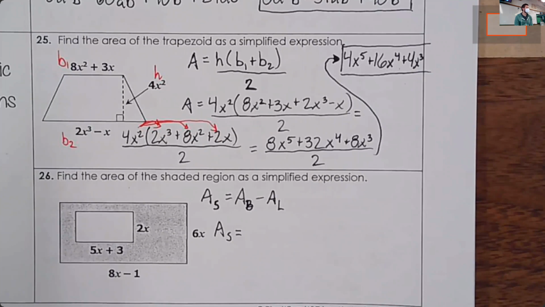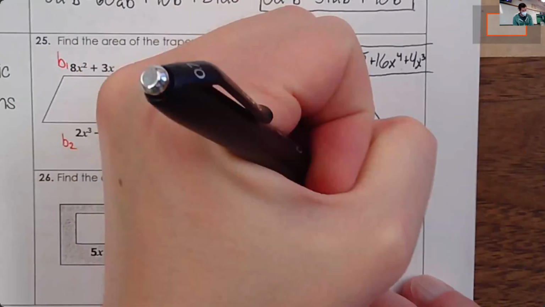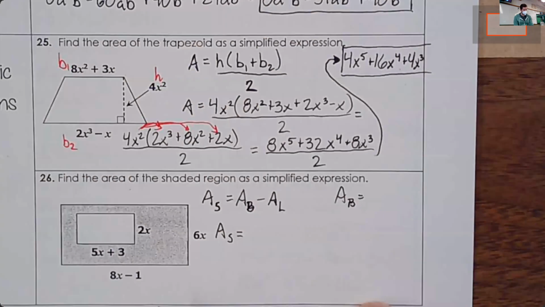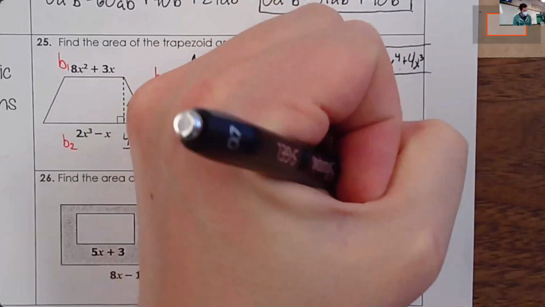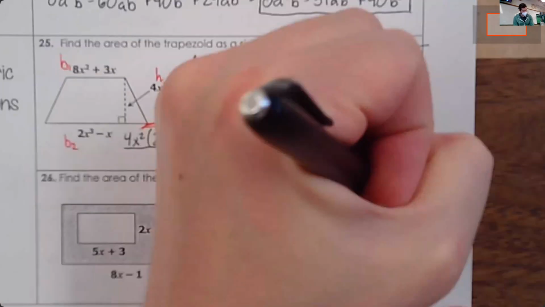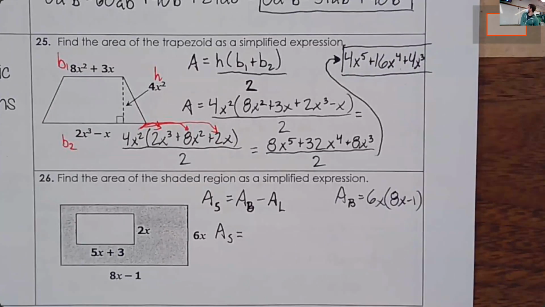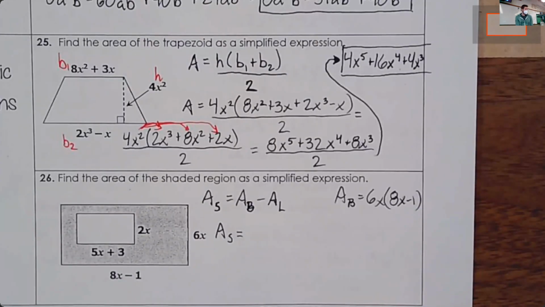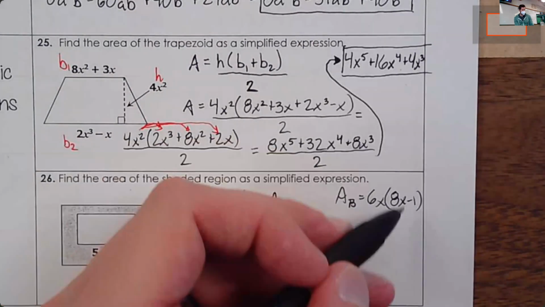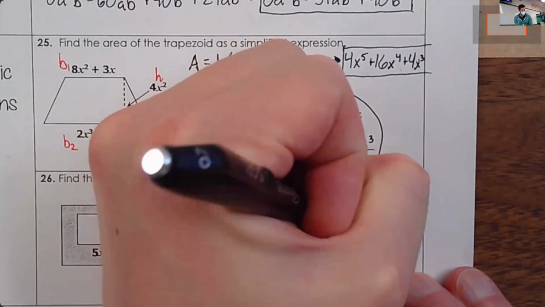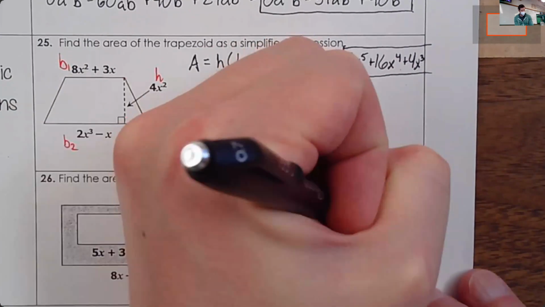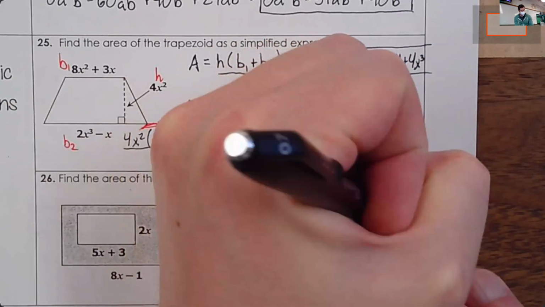Yeah, just multiply the two sides together. So the area of the big rectangle, AB, equals 6x times 8x minus 1. That's the area of the big rectangle. If we multiply those together, we distribute the 6x to the 8x and the minus 1. So AB equals 48x squared minus 6x.